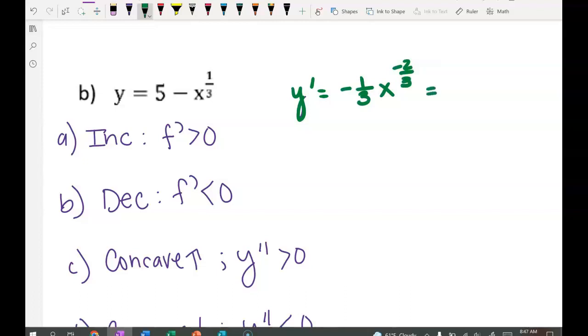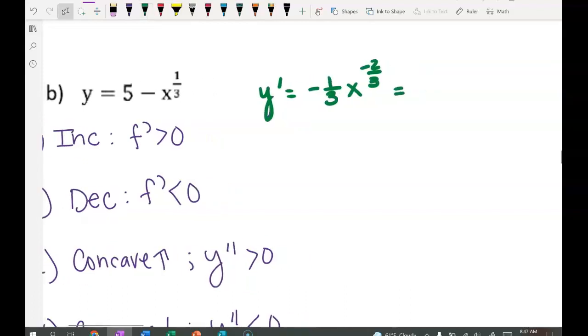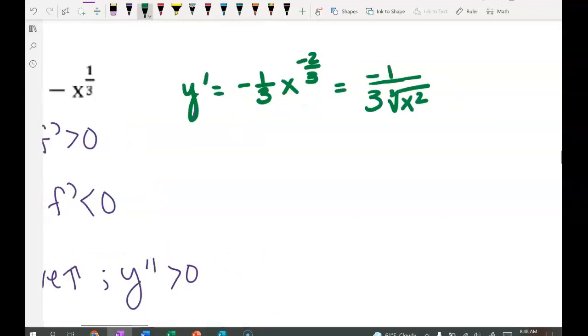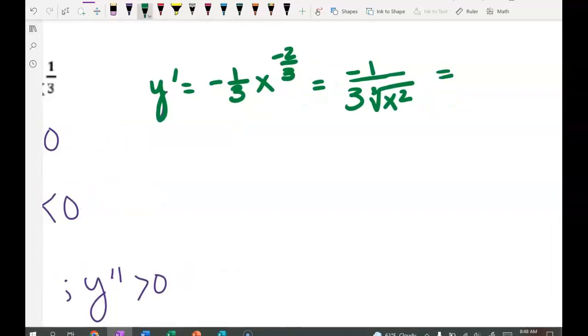It would be easier for us to solve for the critical points, so I'm going to rewrite it as a radical. The critical points, guys, is when the derivative is 0 or when it is not defined. So right now I'm going to set it equal to 0. As you can see here, it is not possible to solve for x. There's no x value that will give y prime equals 0. So we can't really do that.